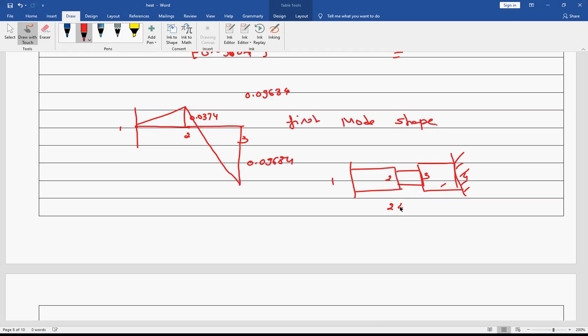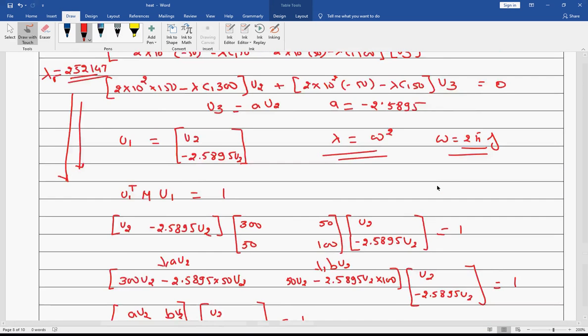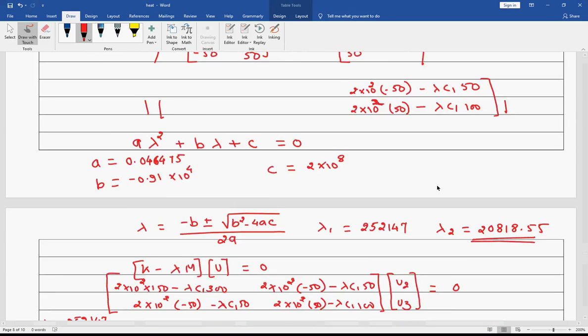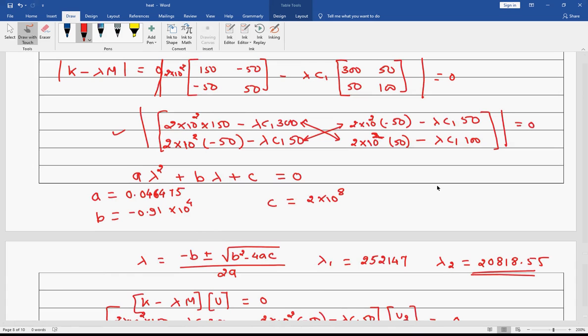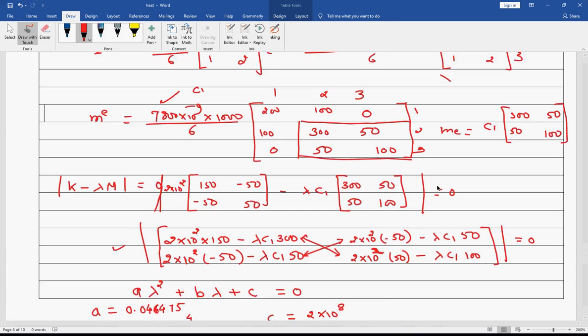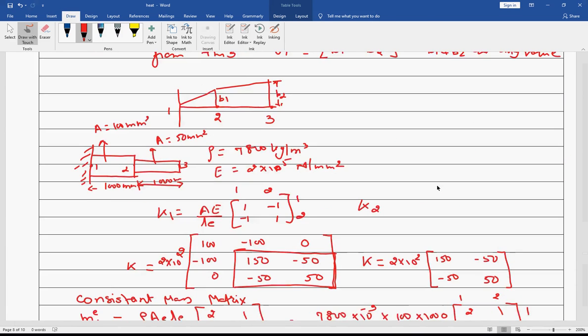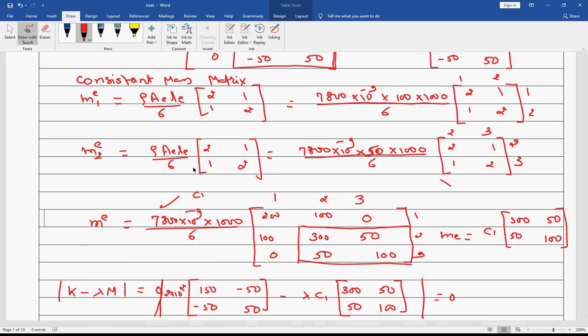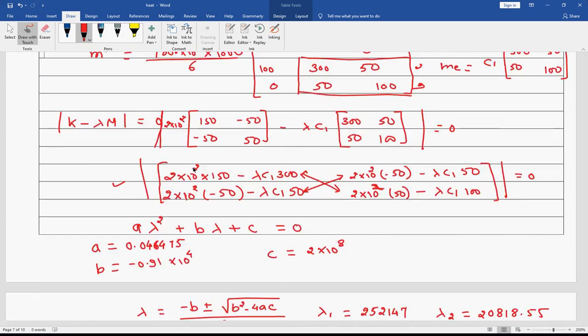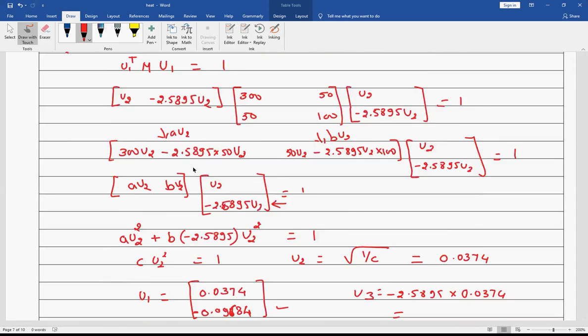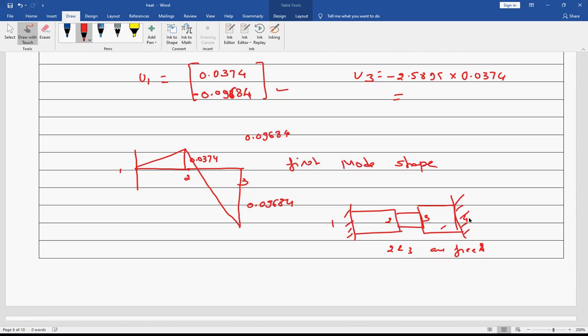What we see, 2 and 3 are free. So finally it is a 2 by 2 matrix. In this problem, whatever we have solved, though we have taken only 2 elements, still it is a 2 by 2, because 2 and 3 are free, and here also 1 and 4 will be fixed.